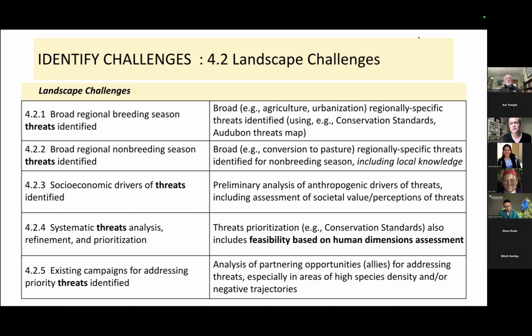So this is a section that's important to revisit and reorient on the threats that have been identified, but also the prioritization of them and the impact that they're having on the species as recovery moves forward, to revisit and move through this loop as needed.